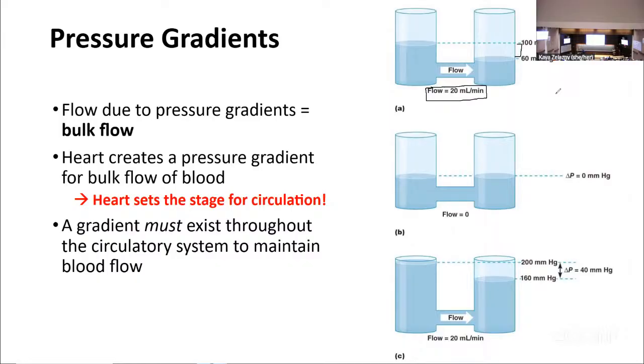Okay. So we always need a pressure gradient to exist in order for blood to flow, right? This is why if your heart stops beating, that's bad, right? If your blood stills, right? If we don't create these pressure gradients, blood is not going to flow. So that's what we see in B, right? If there's no pressure difference, everything's still, we have no flow.